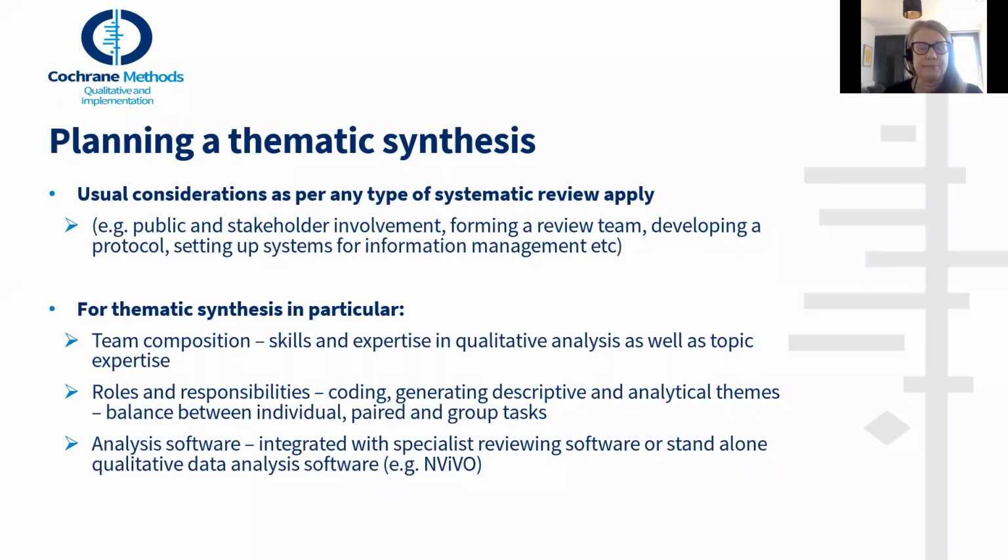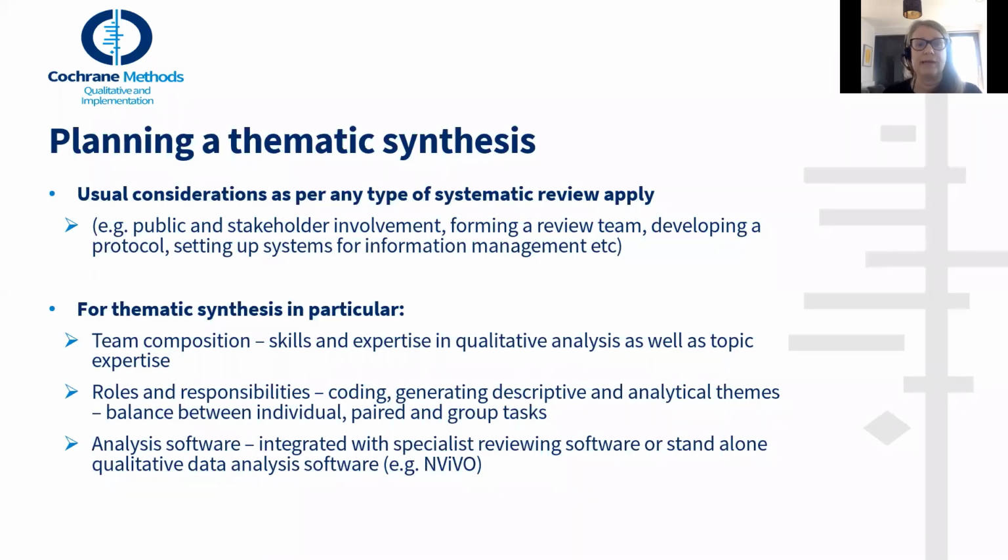For example, a balance between being involved in coding and generating descriptive and analytical themes. In the worked example I showed you, quite often the coding will be done by two or three members of the team, whereas generating descriptive and analytical themes will generally be done by the whole team. And in the case of that review on older people and transport, the review team even brought in their policy advisors at that point.